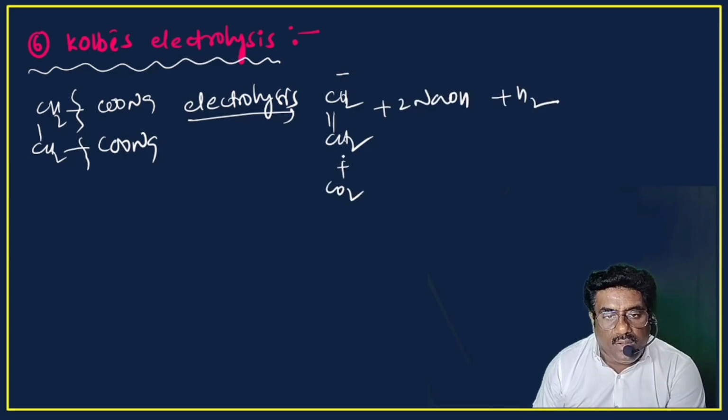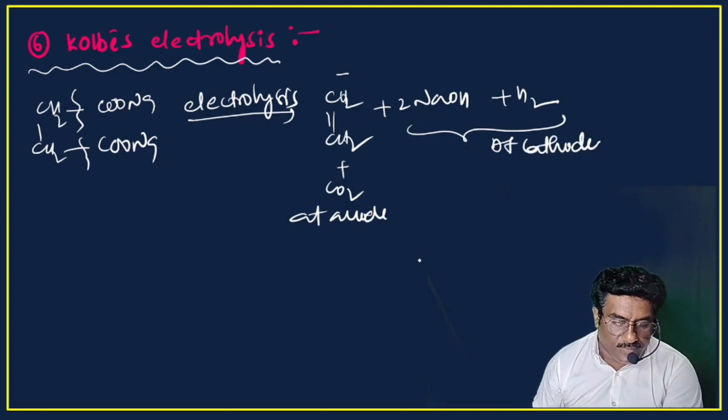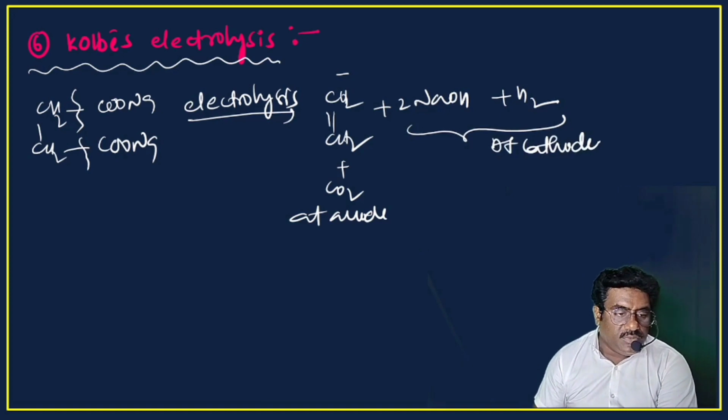Alkene and carbon dioxide form at the anode, and sodium hydroxide and hydrogen are released at the cathode.